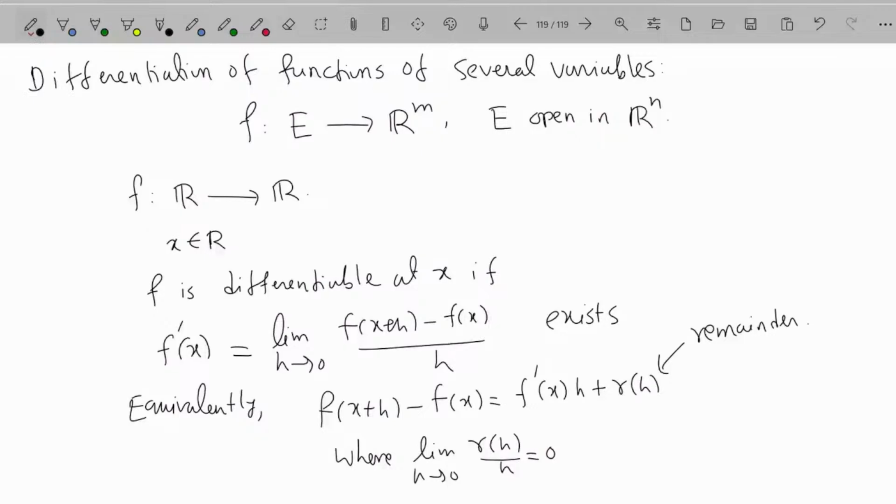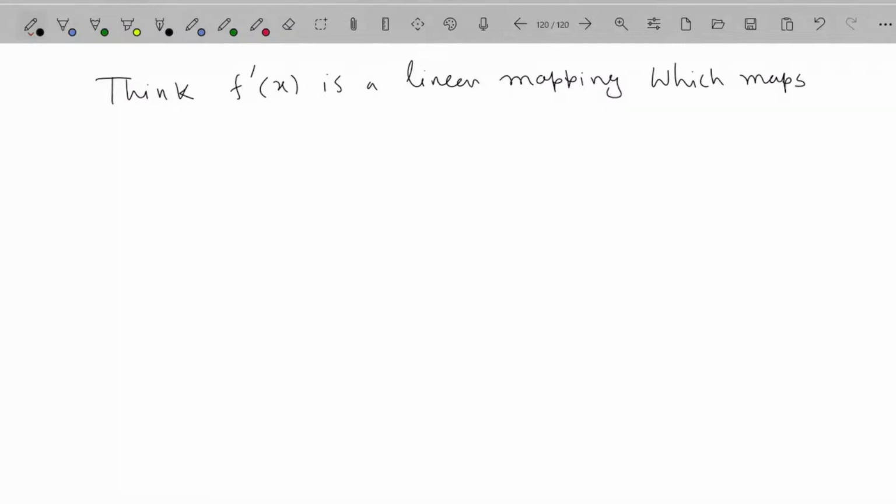Now if x is a real number, obviously derivative at a particular point is a real number. But now we can think of f dash x as a linear mapping from R to R. Okay. So now think f dash x is a linear mapping which maps h to h into f dash x.